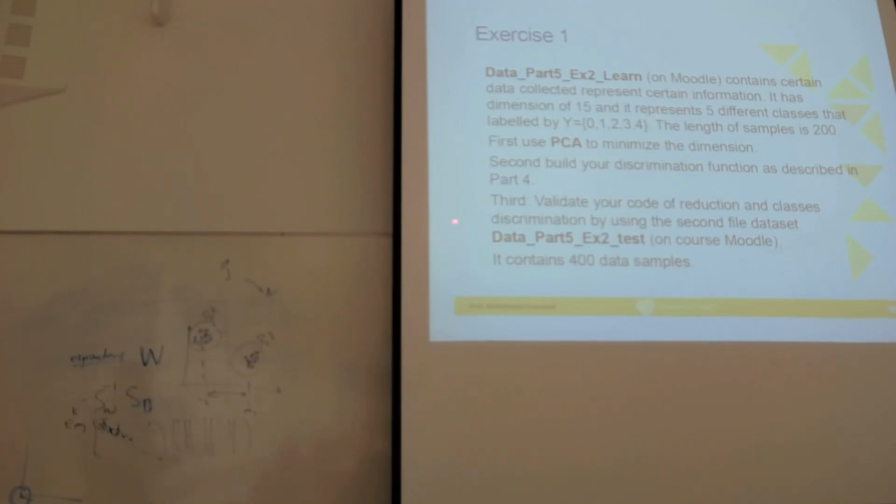Then build the discriminant function as described in part 4, not linear discriminant analysis here, but the discriminant function that we described in part 4. And then validate your code of reduction with another data. Actually, I provided 2 different kinds of data, one for learning and one for testing. So try the data for testing. It contains 400 data samples, and check whether the projection of the principal component analysis is valid or not.